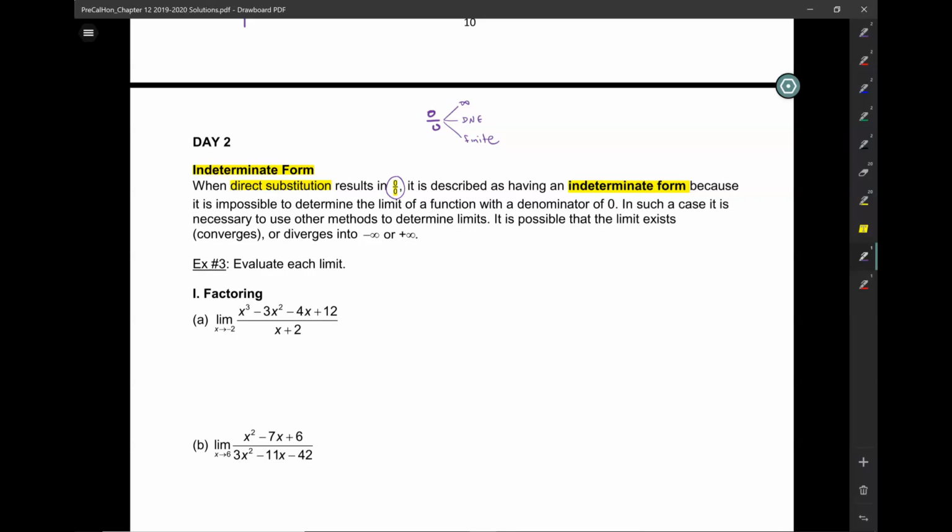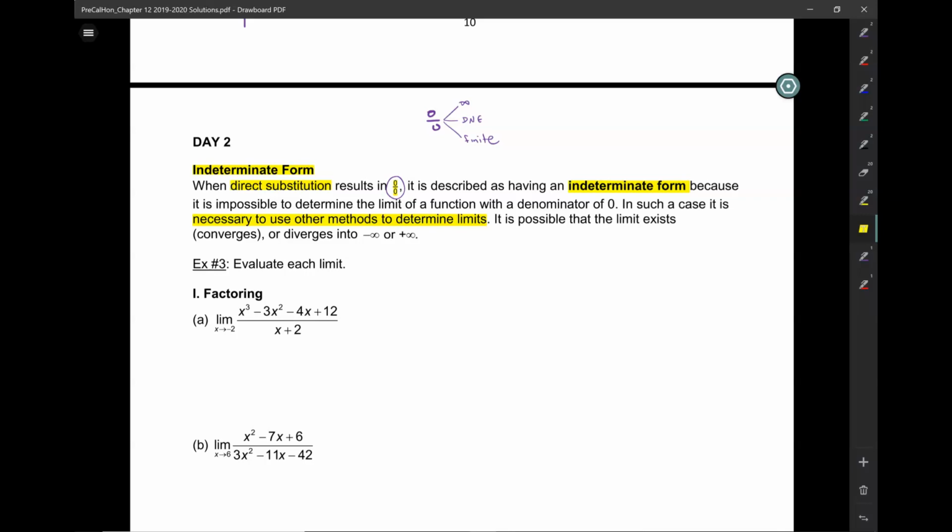You cannot determine anything from the function when you get 0 over 0, hence the term indeterminate form, right? In this case, it is necessary to use other methods to determine the limits, right? So once you get 0 over 0, you're like, we don't know what situation this is, so you have to do something else to hone in on what exactly the limit of that function is.